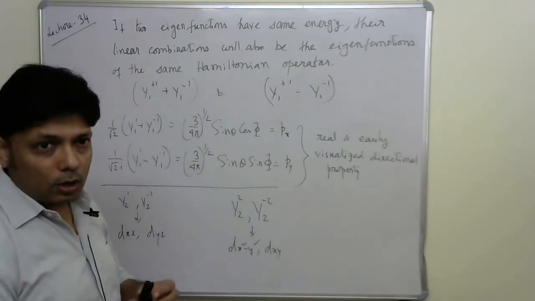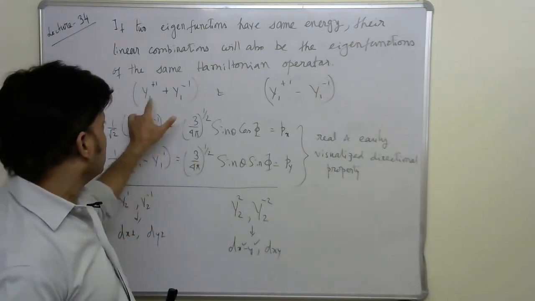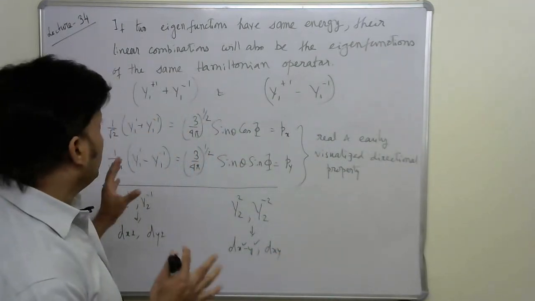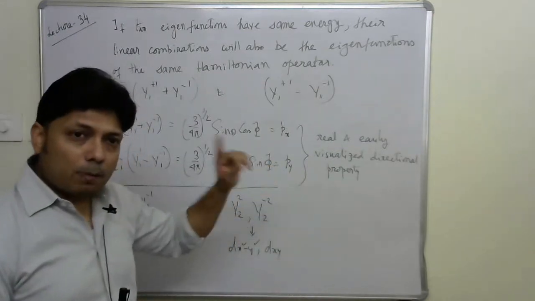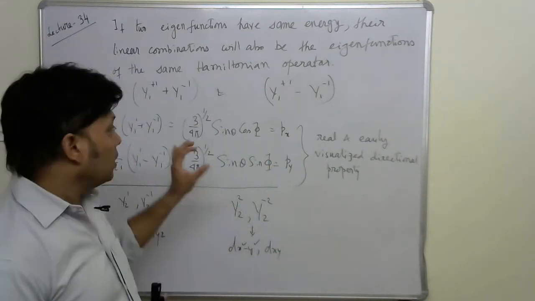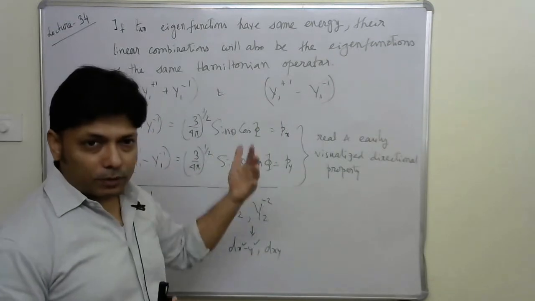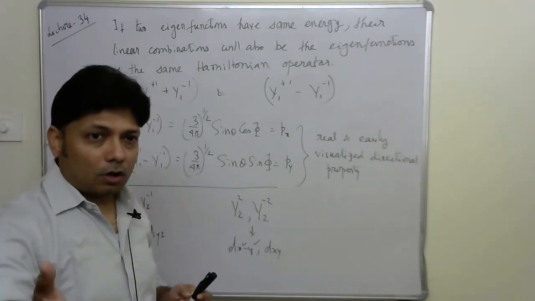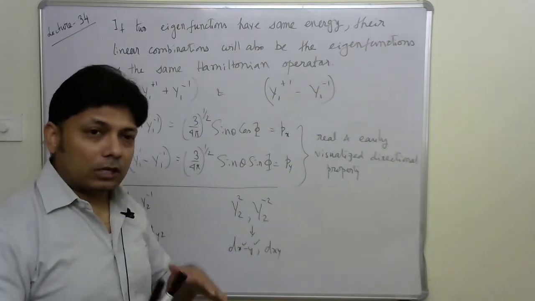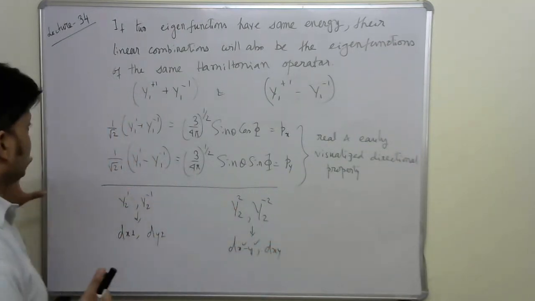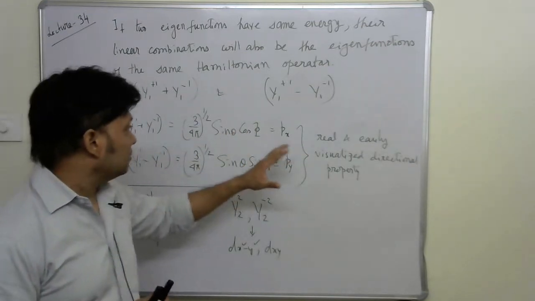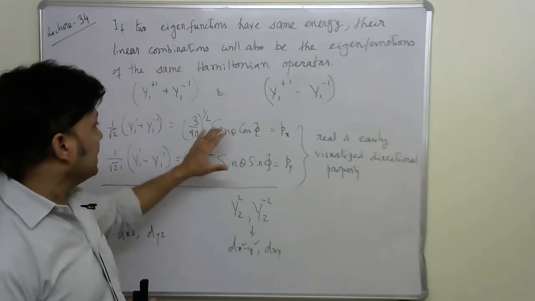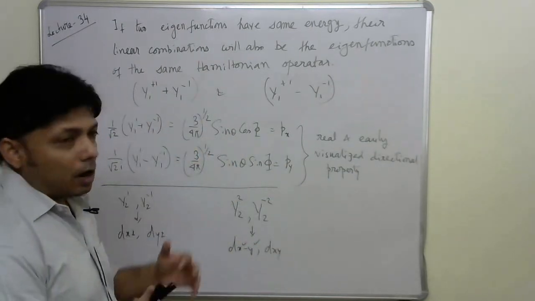Their linear combinations, this plus this or this minus this, will be eigenfunctions of the same Hamiltonian operator. So we can take the linear combinations of these and represent a third function, which is equally capable of representing orbitals with the inherent property of those spherical harmonics.